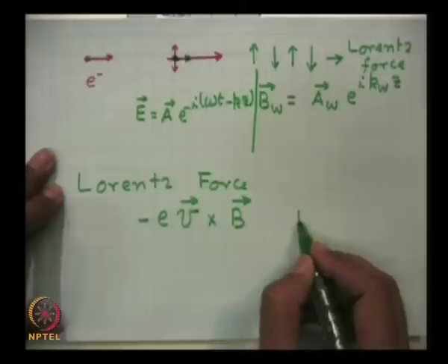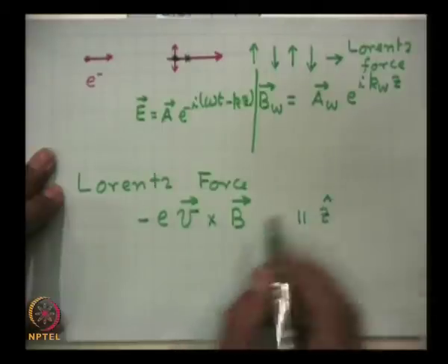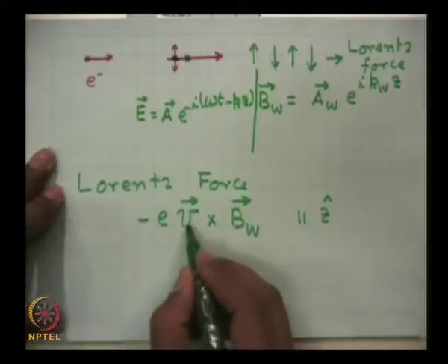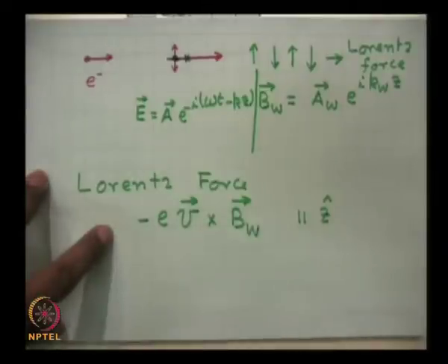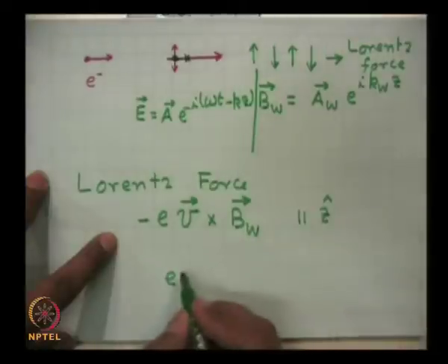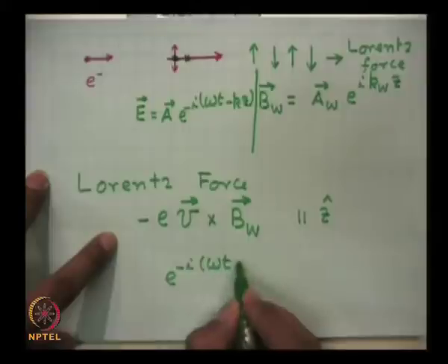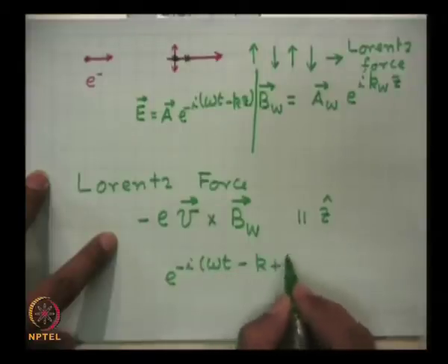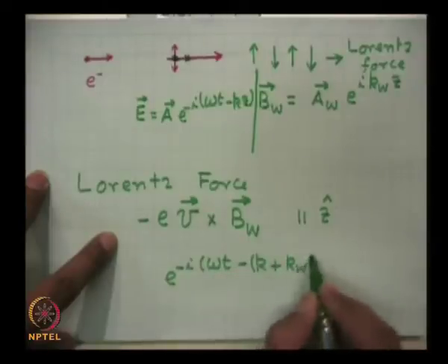So this force is parallel to the z axis, and if I multiply Vw here with this velocity due to this, then this force has a variation, multiplying these two exponents, of the form exponential minus i(omega t minus (k plus kw) z).